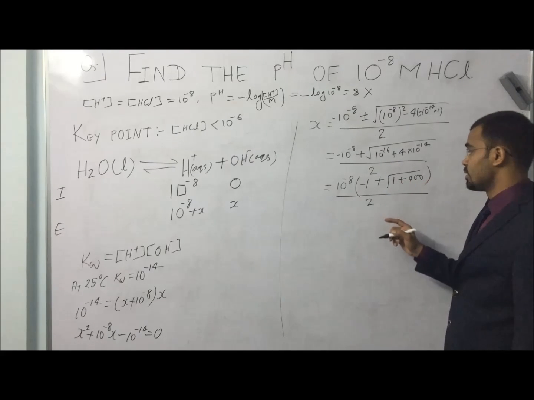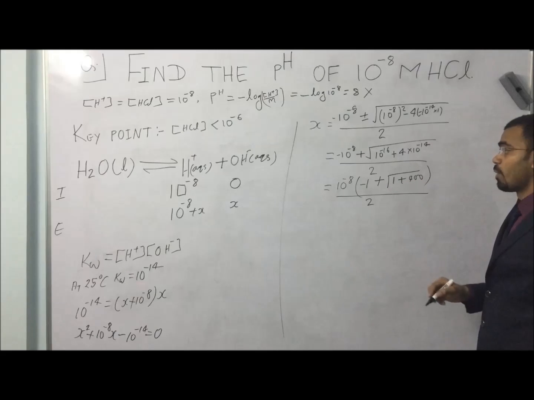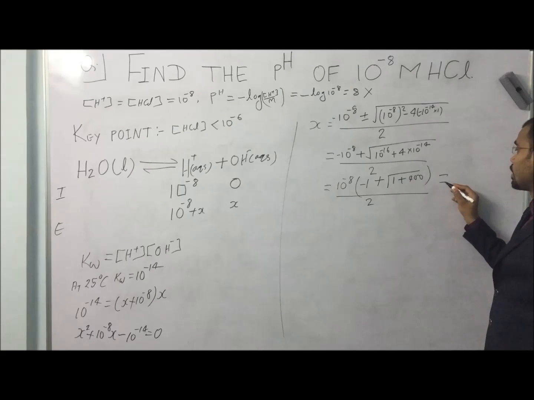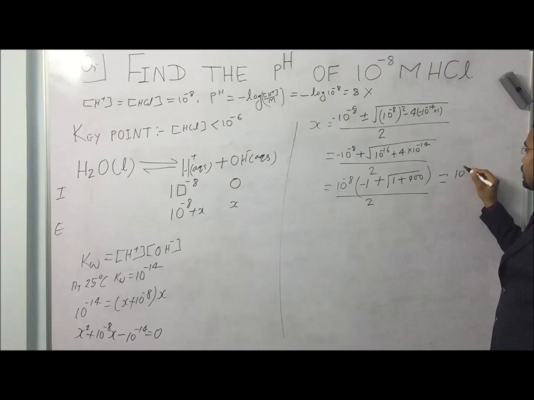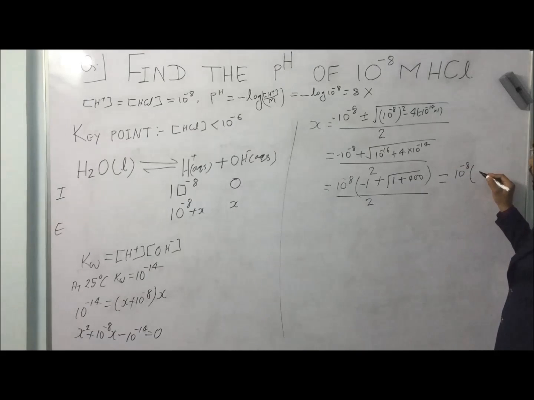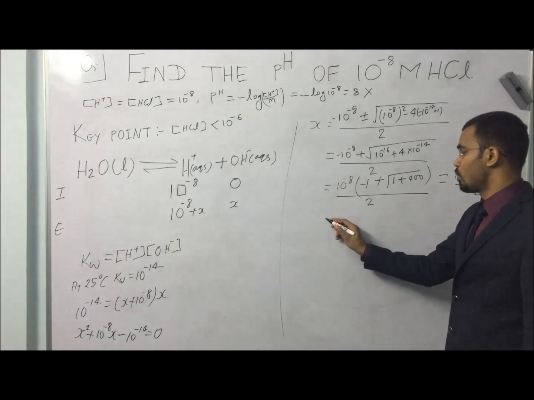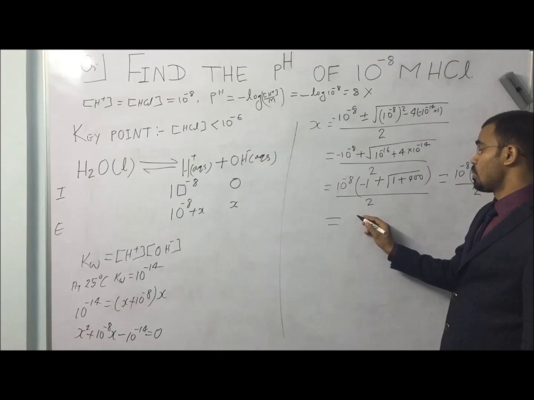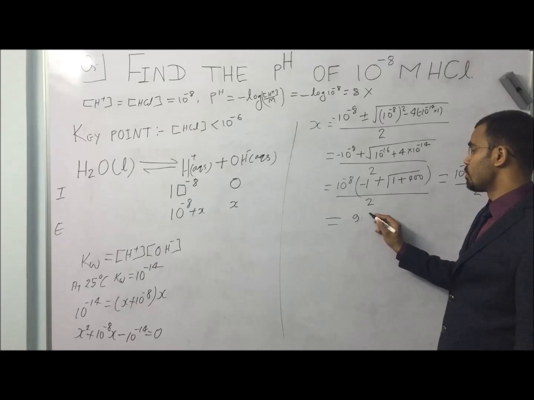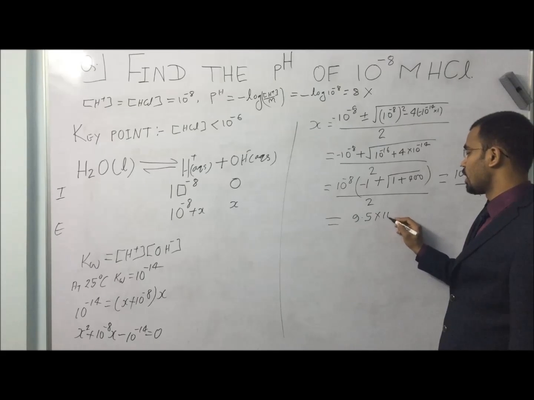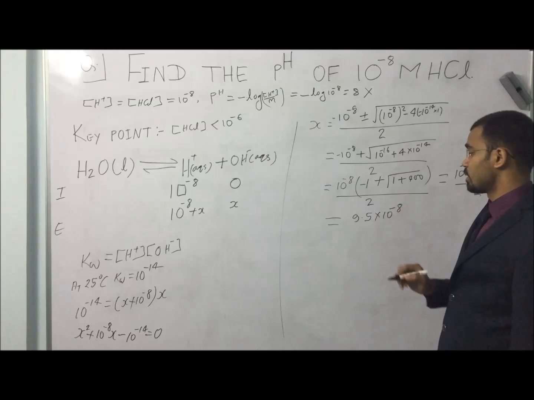Since 400 is very large compared to 1, it will give 10 raised to minus 8 into minus 1 plus 20 divided by 2, which is equal to 9.5 into 10 raised to minus 8.